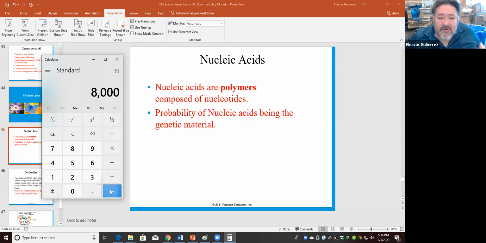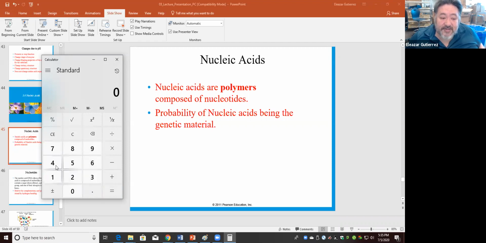So with 20 amino acids, we can make 8,000 words. This does not go contrary to what these scientists were thinking. But all that being said, we only have 64 codons.